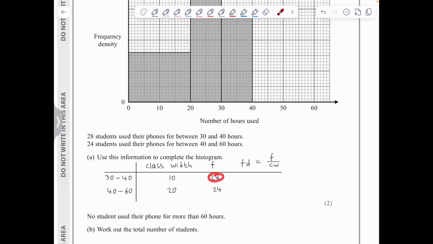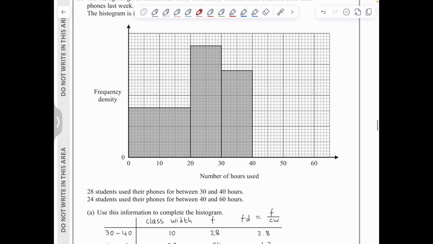So 28 divided by 10 is 2.8 and 24 divided by 20 is 1.2, and this means I can scale my vertical axis. So this here is 1, this is 2, this is 3, and this is 4. And therefore, knowing that the 40 to 60 class has a frequency density of 1.2 means I can add the extra bar here and complete the histogram. So the 40 to 60 goes up to a height of 1.2.